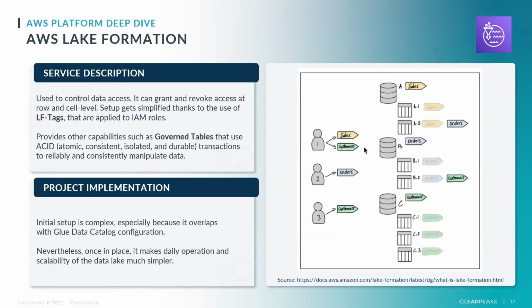You have to register some S3 locations. The initial setup is a bit complex also because you have to Terraform it and then check what is happening in the console, so it's a bit tricky at the beginning. Nevertheless, once it is in place and tested, and you are happy with it, the daily operation and the scalability of it becomes much simpler.